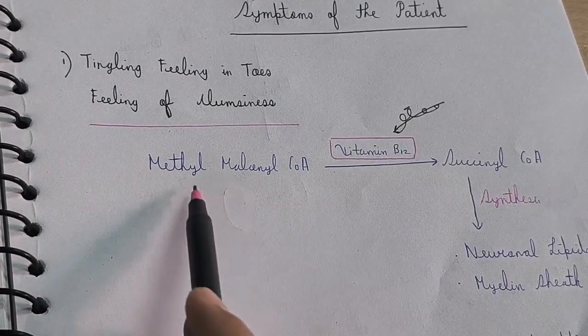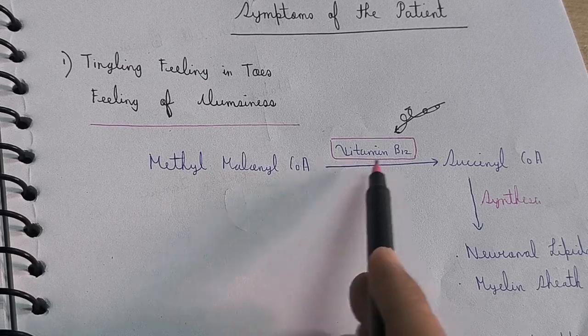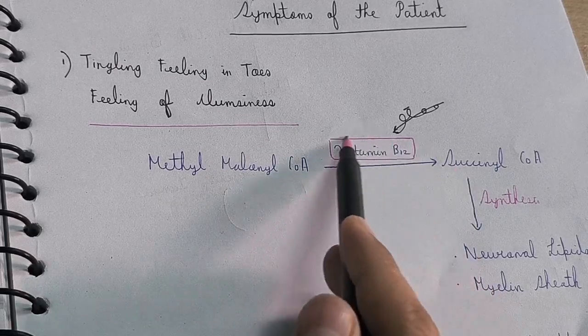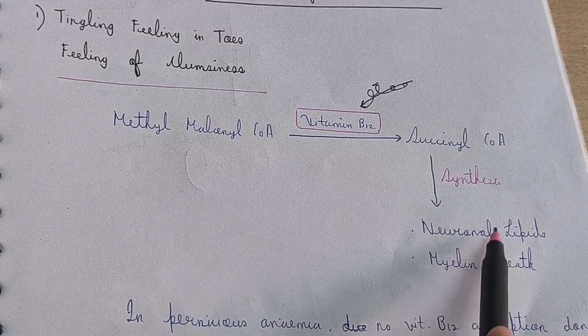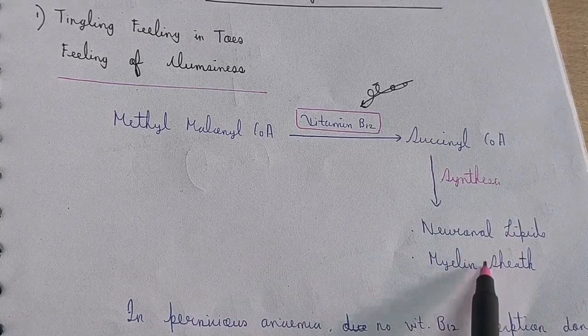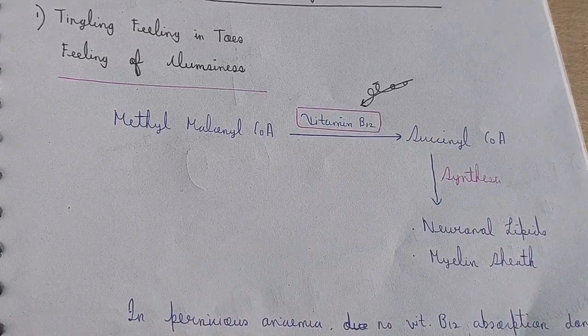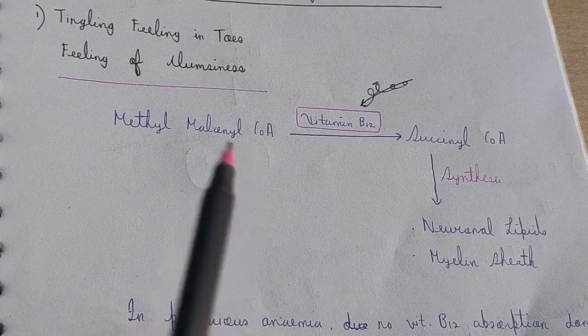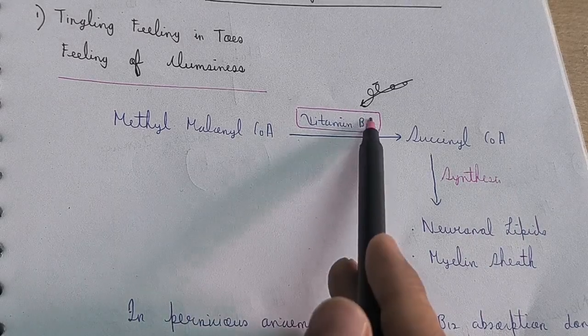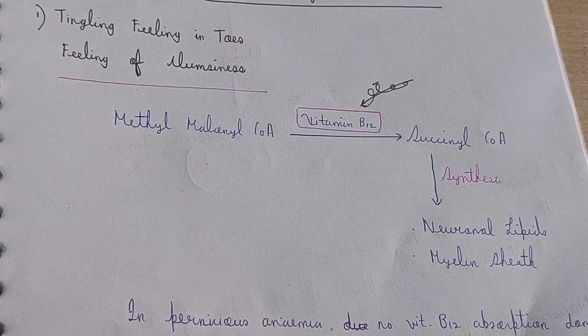As you already know, methylmalonyl coenzyme A is converted to succinyl coenzyme A by vitamin B12, and this succinyl coenzyme A is necessary for neuronal lipids and myelin sheath formation. This is the normal situation, but in pernicious anemia vitamin B12 is not absorbed.